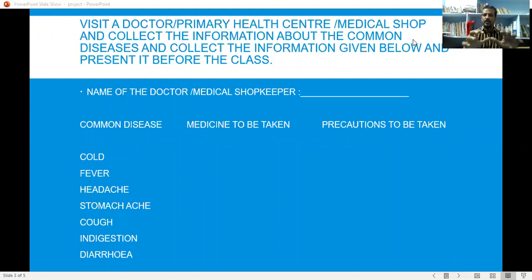So when you prepare this table in front of the medical shopkeeper or the doctor, you have collected the data needed to make a project. Now, transform this data into the form of a report which will be readable and understandable to the audience very well.